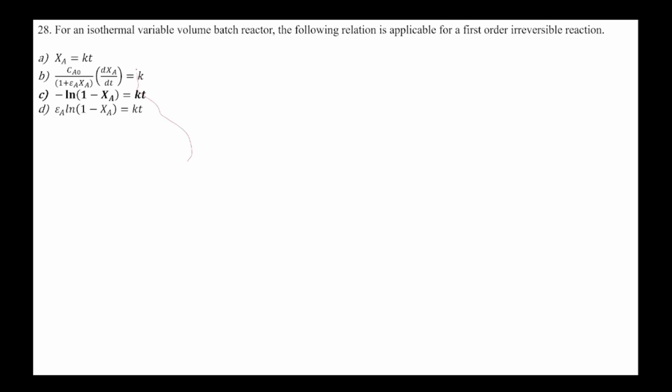For an isothermal variable volume, that means variable volume means epsilon A is not 0, batch reactor, the following relation is applicable for a first order irreversible reaction. Let minus rA be equal to k CA for a first order reaction.